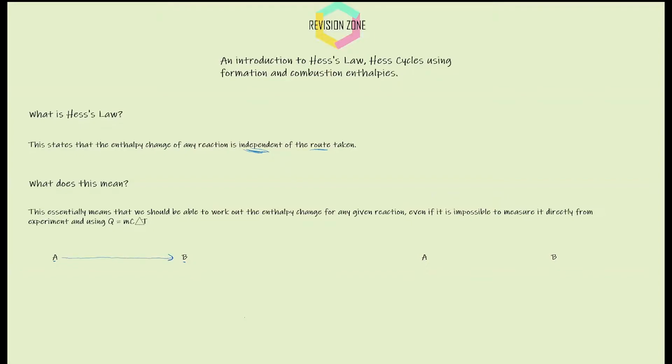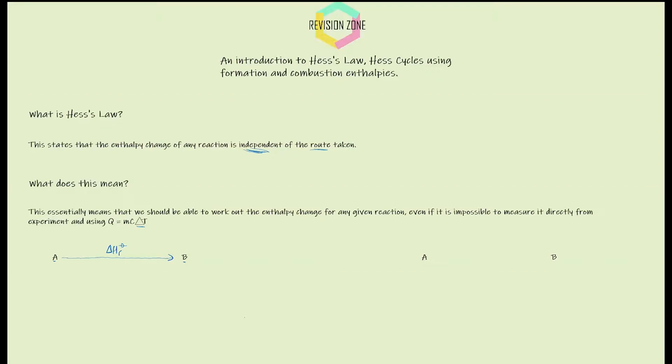If we're trying to find the enthalpy change for a particular reaction, let's call this delta H R, with the standard state and condition symbol. I would want to react my A, get my B, measure my temperature change, work out the energy transferred, and use my limiting factor to work out the enthalpy.